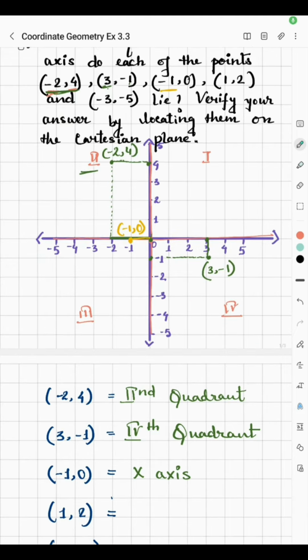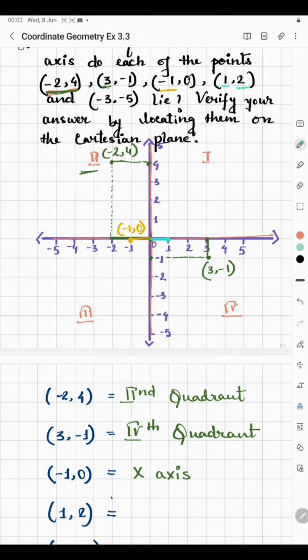Now next we have (1, 2). Both are positive. 1 is the value of x and 2 is the value of y. At first we'll move to the x-axis to get 1. Since 1 is positive, we'll go towards the right of the origin. So here is 1. Now 2 is the value of y. To get the value of y, we will move along the y-axis.